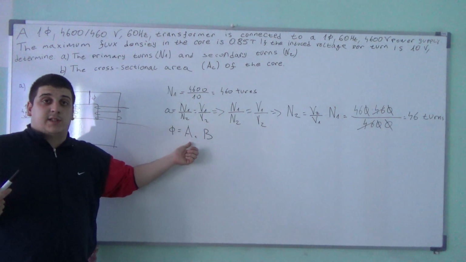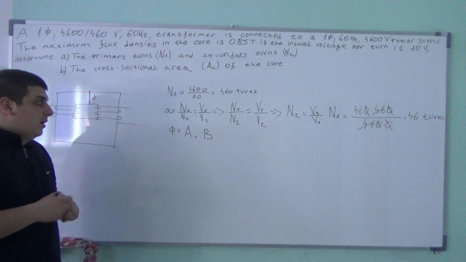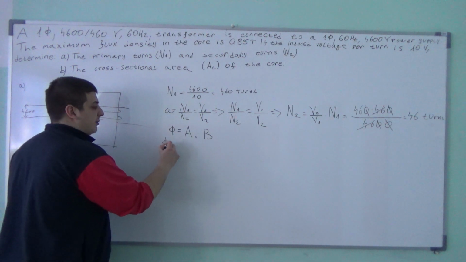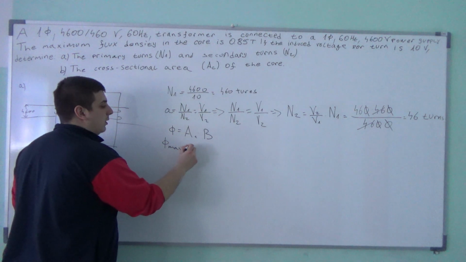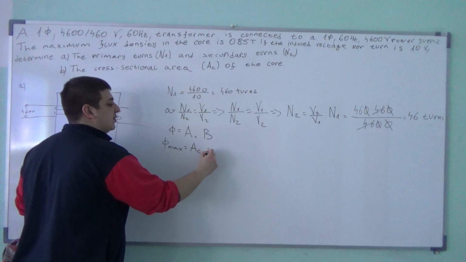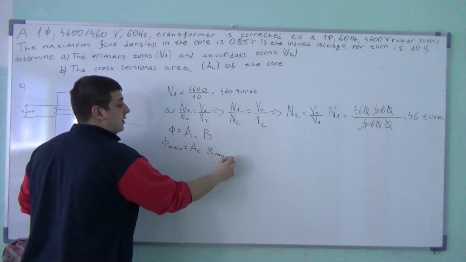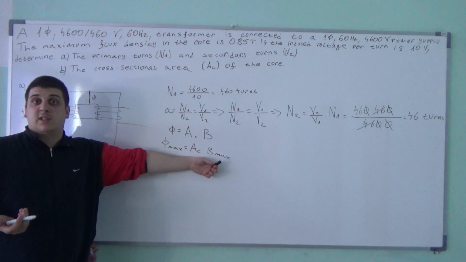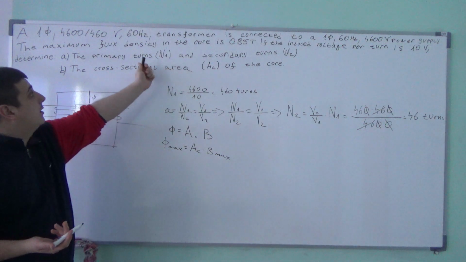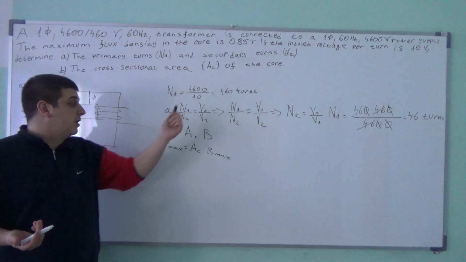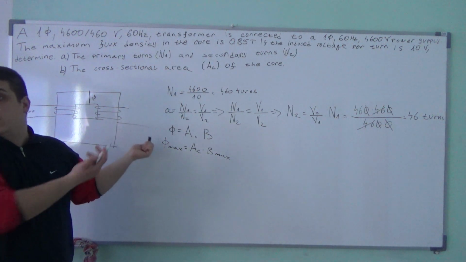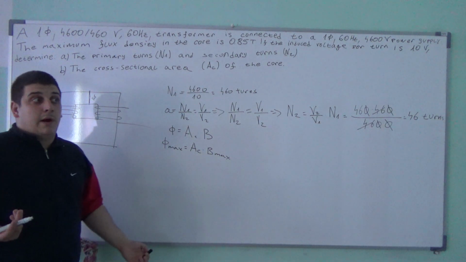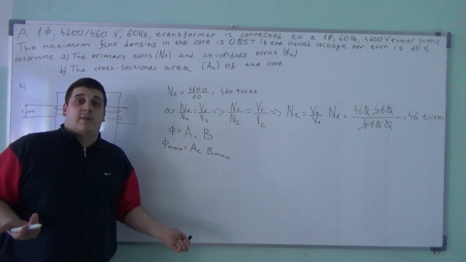But the core stays the same. So if you have flux maximum, then this formula holds. So if you have the magnetic flux density, the maximum value, here 0.85 Teslas, then this is the formula for the maximum flux. But do we have the maximum flux?